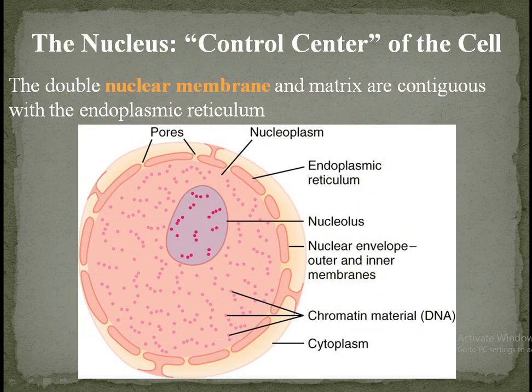The next part of the cell, a very important part, which is the control center of the cell, is named the nucleus. It has a double nuclear membrane, and the membrane and matrix are contiguous with the endoplasmic reticulum. The nucleus is the control center of the cell.